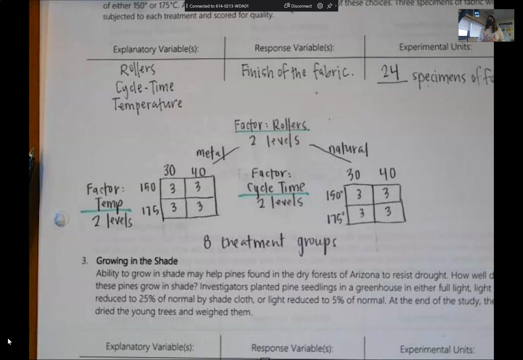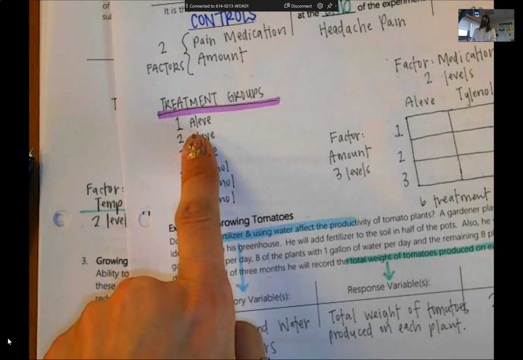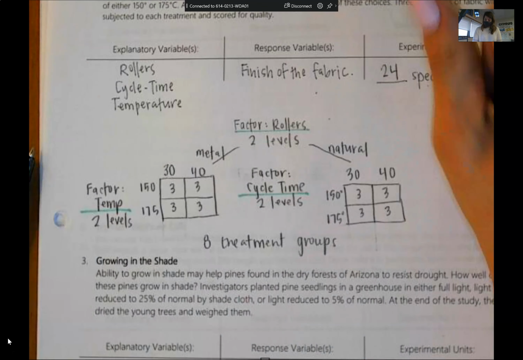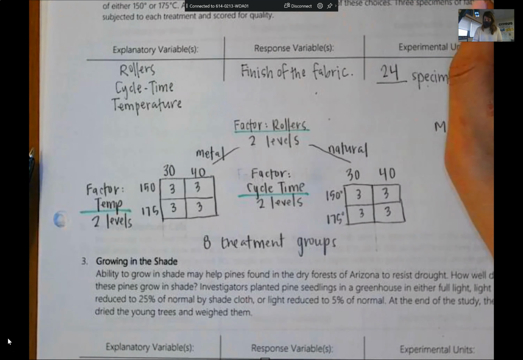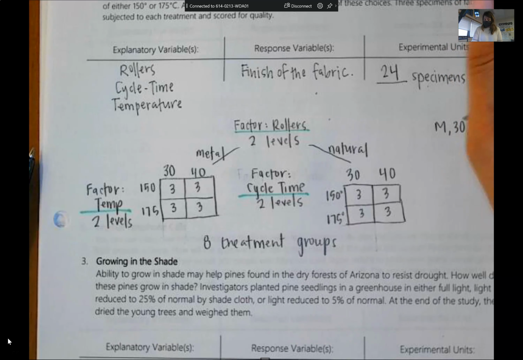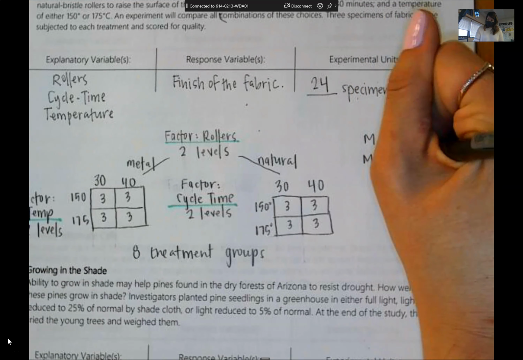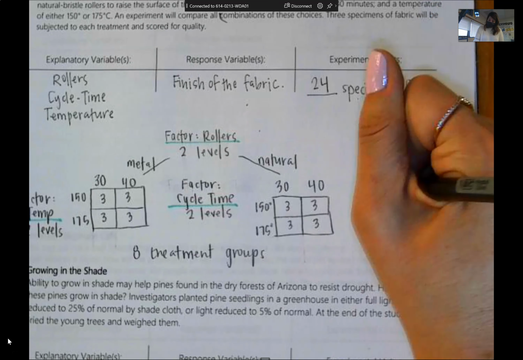You do not have to draw these pictures. If you choose not to draw the pictures, you would list out the treatment groups like this. So you would have to say something like metal roller, 30 minutes, 150. And then you would need to say metal 30, 175.